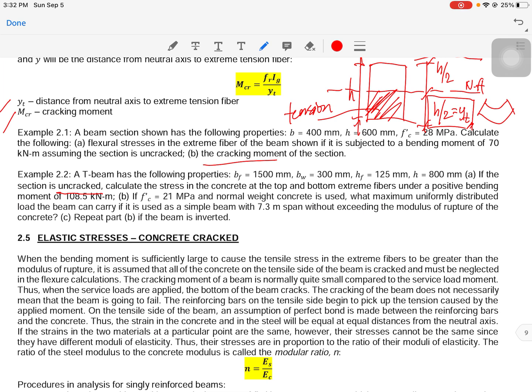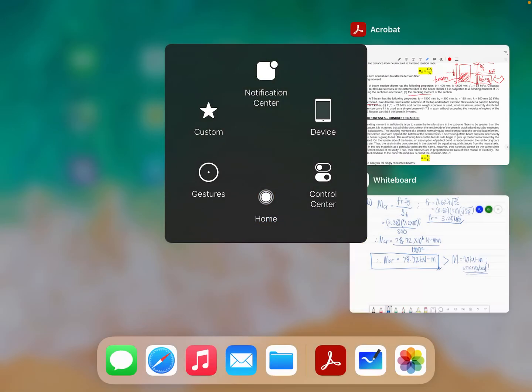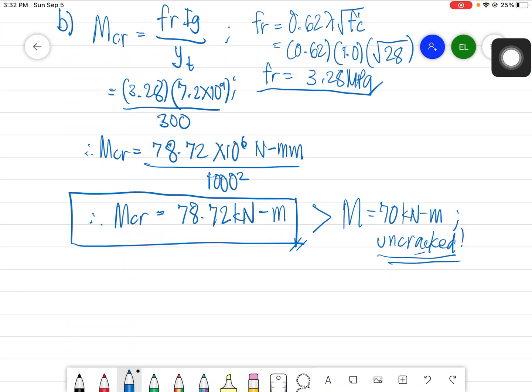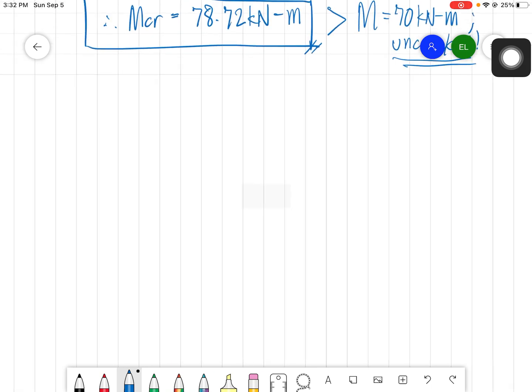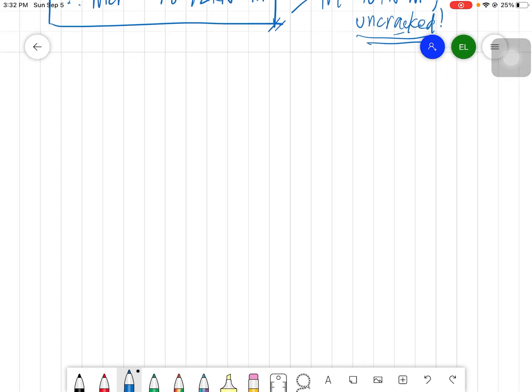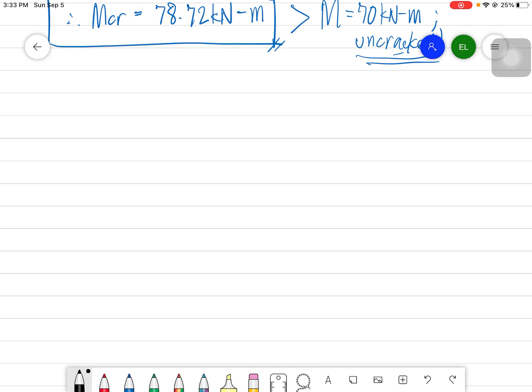For letter C, we'll repeat B if the beam is inverted. We will know more about that later as we calculate it now. Okay, so example 2.2.